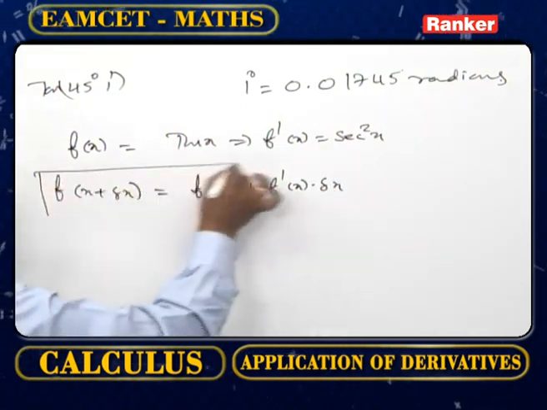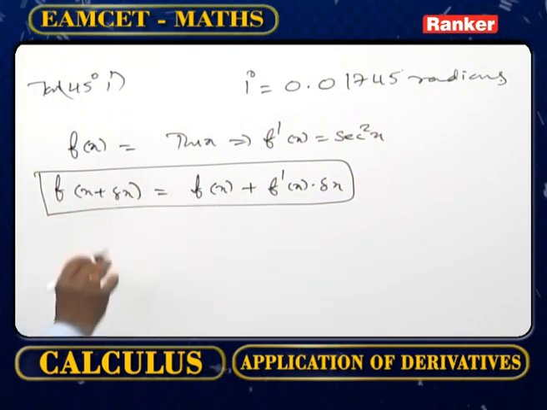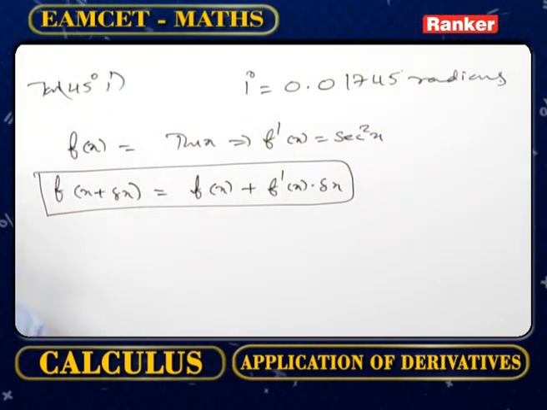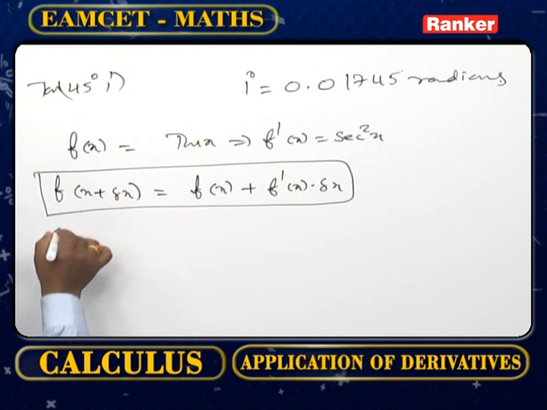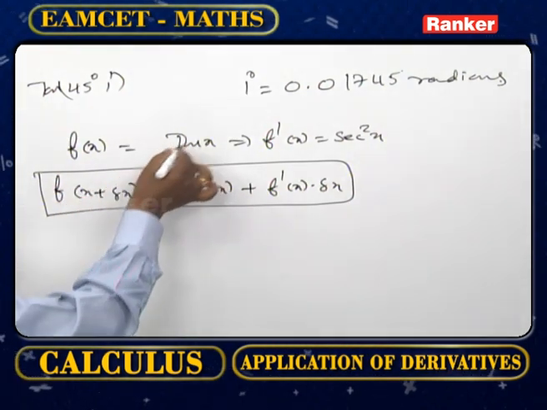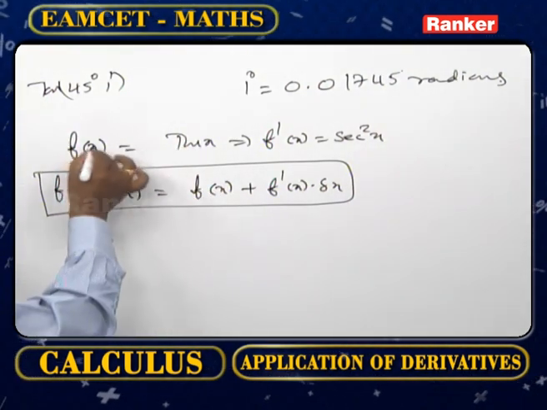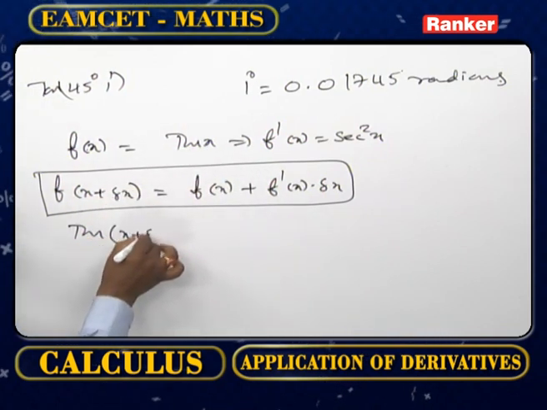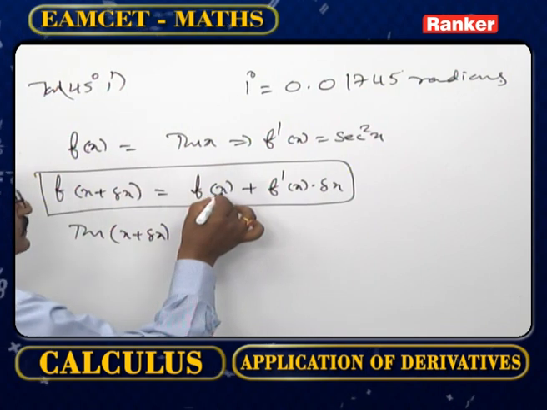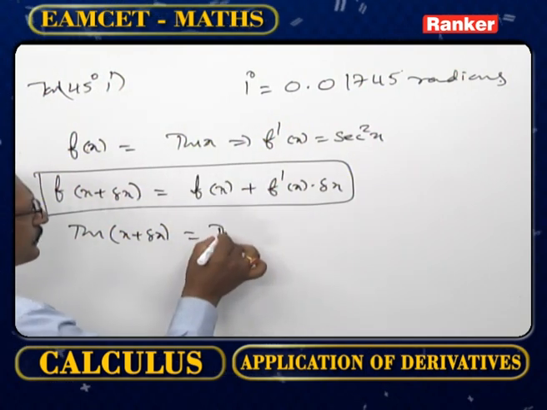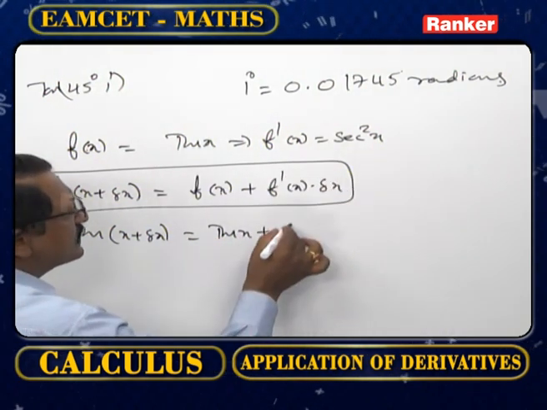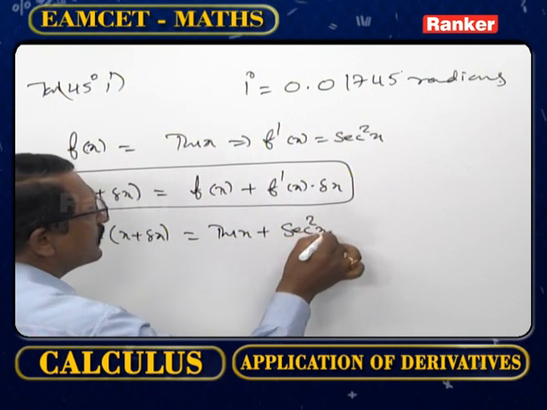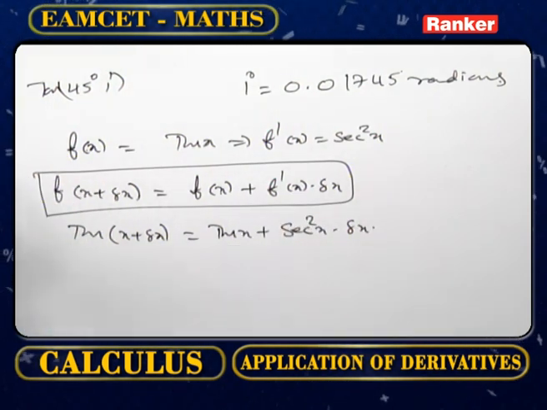Here f of x equals tan x, so tan of x plus delta x equals tan x plus secant square x into delta x.